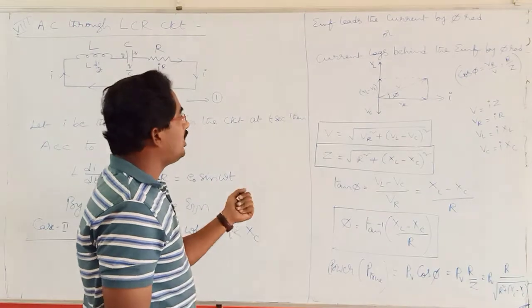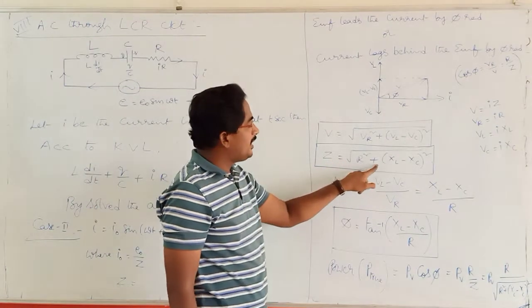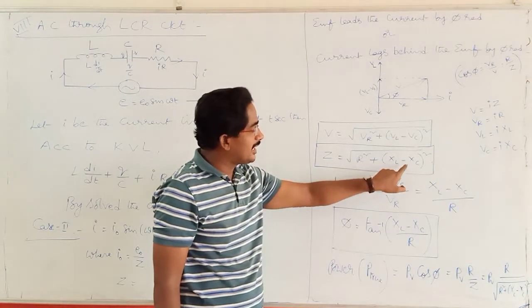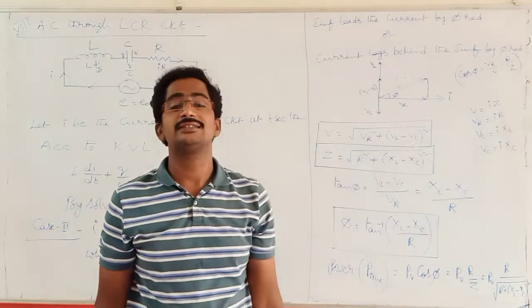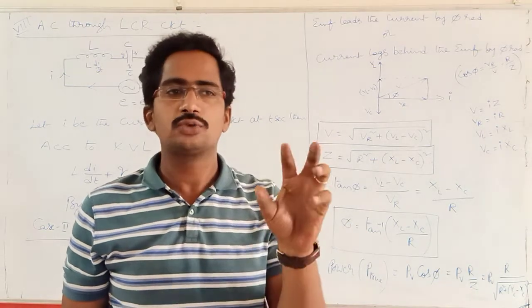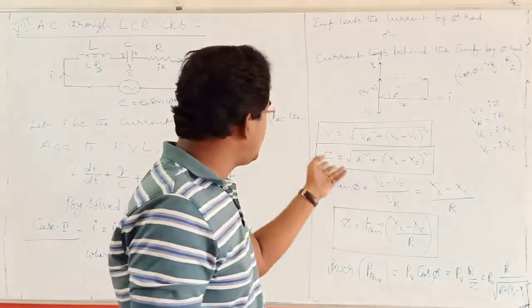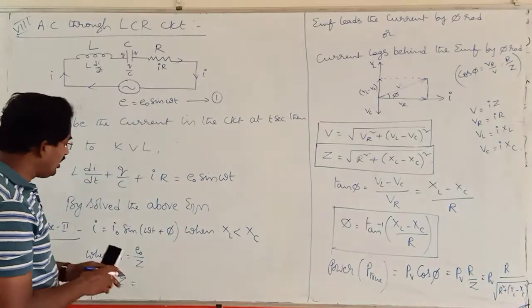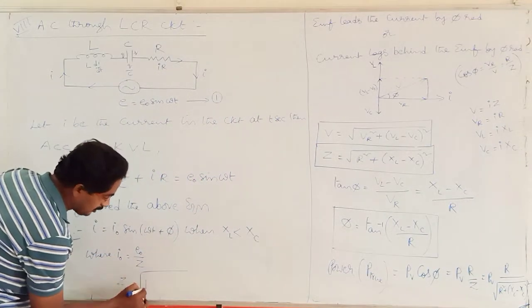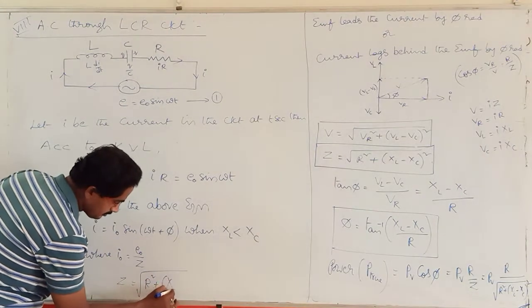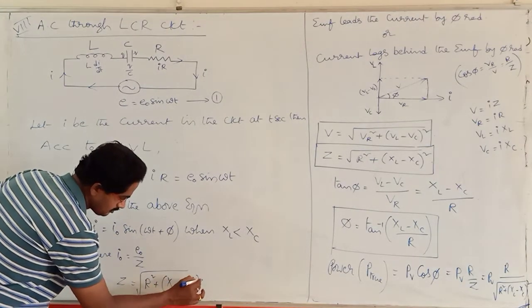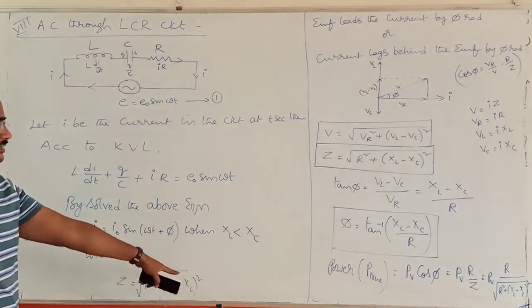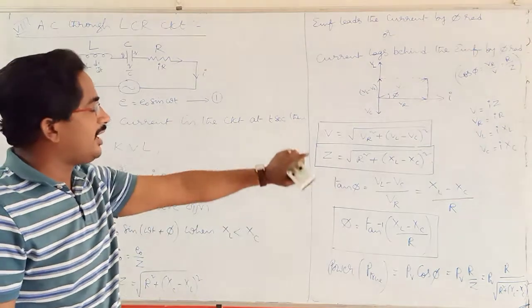So the Z value is root over R square plus (XC minus XL) whole square. That is the Z value.